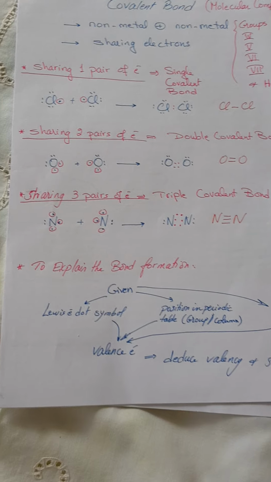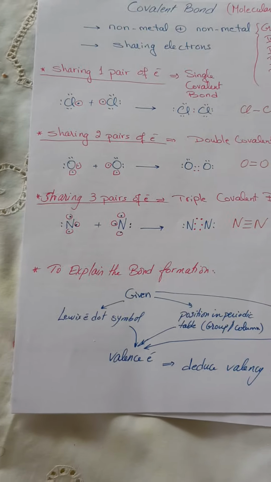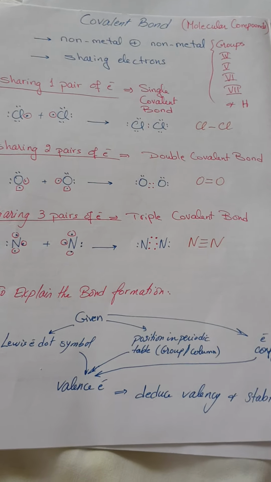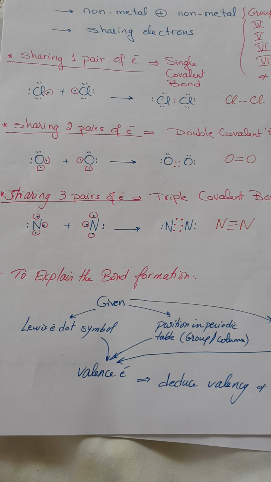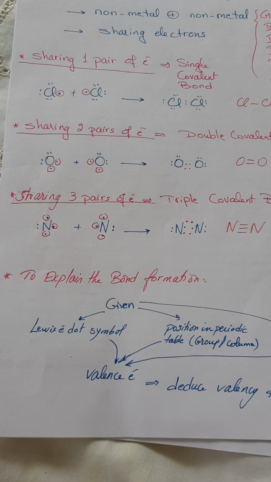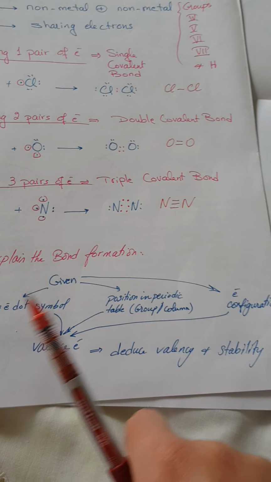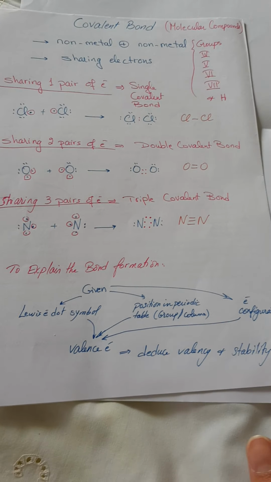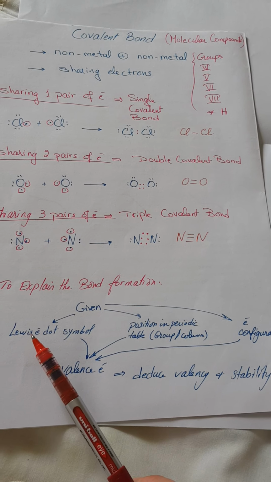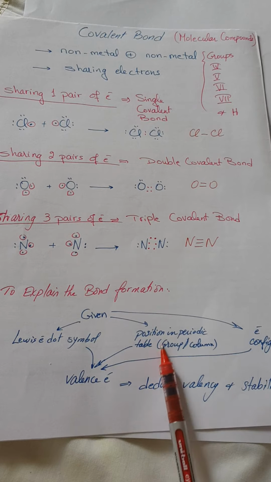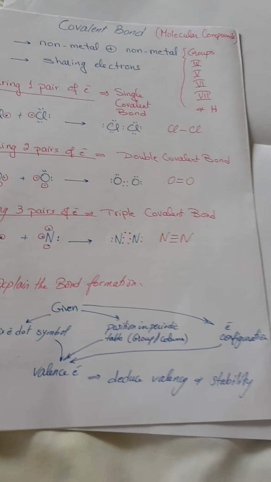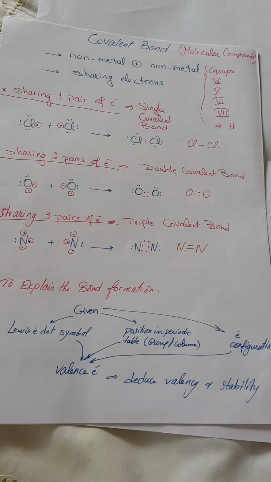We come to an important part: how we explain the bond formation. Actually, the steps are the same as those when we explain the bond formation of the ionic bond. A given must be found in the question. This given could be the Lewis electron dot symbol of the elements, or their position in the table, especially the group or the column, or the electron configuration.